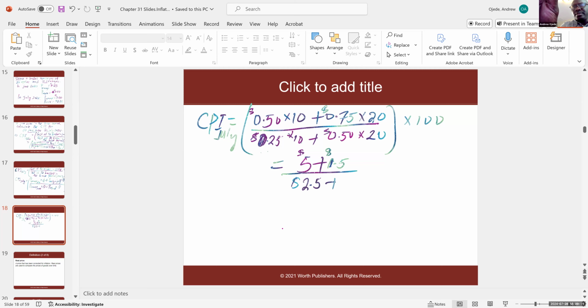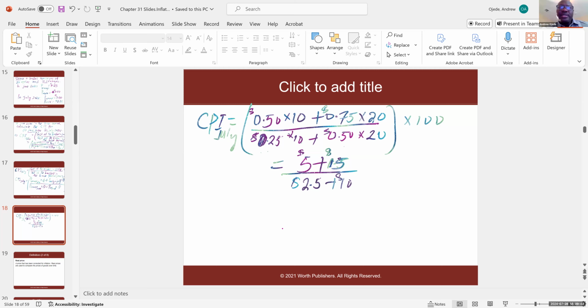No. I need to be careful here. This is 7.5 times 2, so this is going to be 15 here, not 1.5. This is $15 up here. So this one is going to be $10. That's right. Okay.